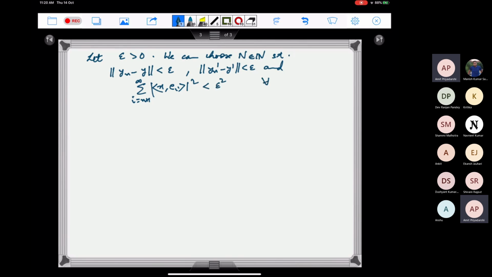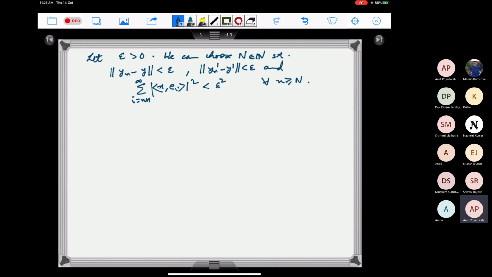This is true for all n bigger than or equal to capital N. Because yn converges to y, yn dash converges to y dash, and this sum from 1 to infinity is finite, we can choose this capital N such that we can make these things arbitrarily small. So we made this less than epsilon.